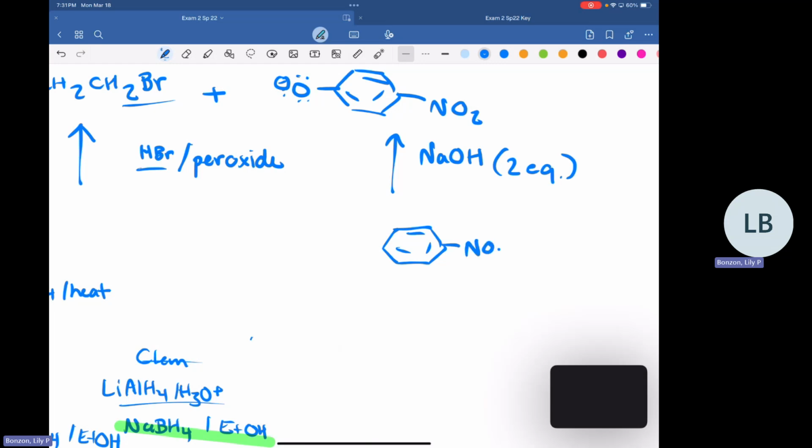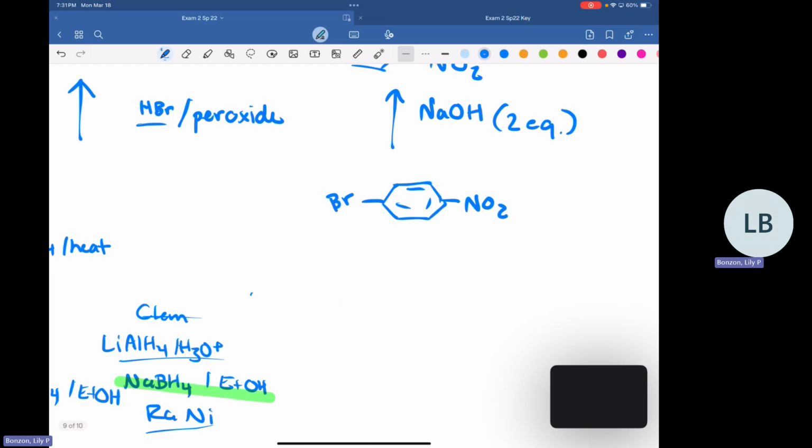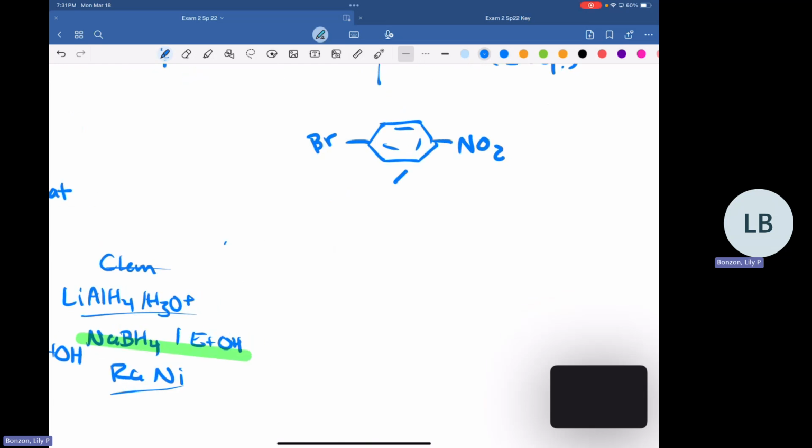And then the previous step of that, we'd have our nitro group, and then for NAS, remember that you're replacing a halide that's on there. So I'm just going to do bromine, and then from here, we just need to get back to benzene. So we have 2 groups that are para to each other. Remember, even though bromine is a withdrawing group, it's going to be ortho/para.